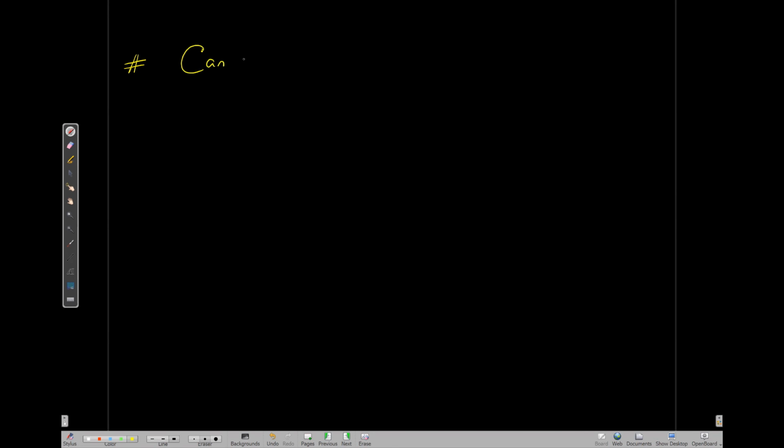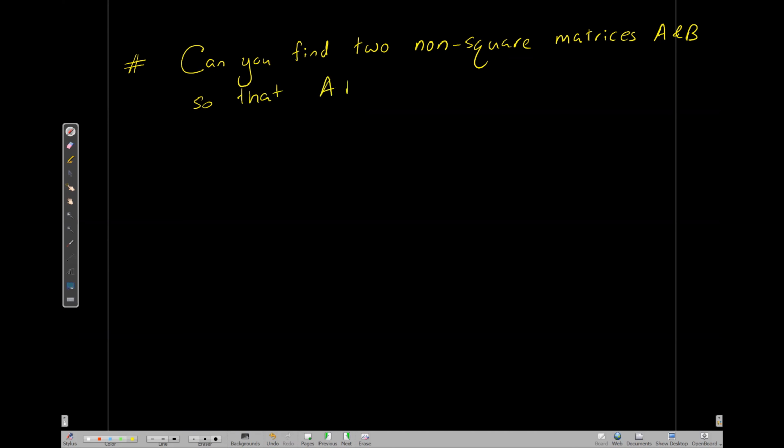Can you find two non-square matrices A and B so that AB and BA exist?